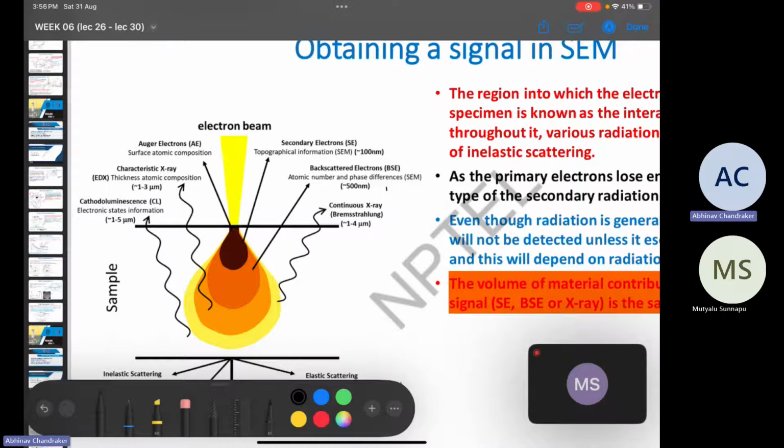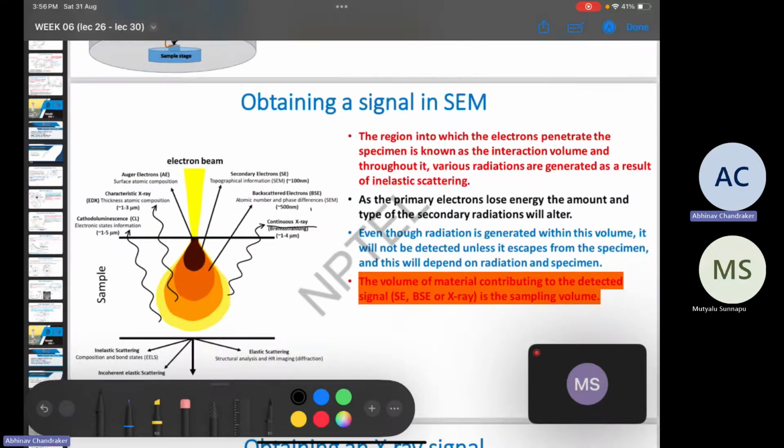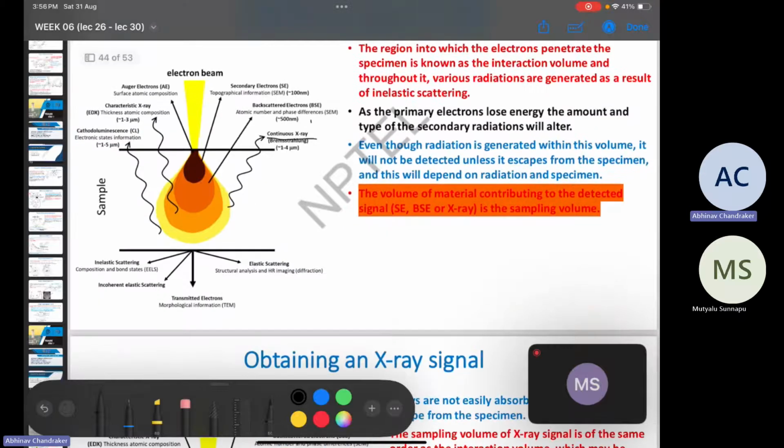Because of the forces it experiences, the primary electron tends to decelerate, and that deceleration leads to loss of energy as X-rays, which can be of a range of wavelengths. Because of this they are called continuous X-rays. Based on the loss of energy, we can have different wavelengths of the X-ray being emitted.